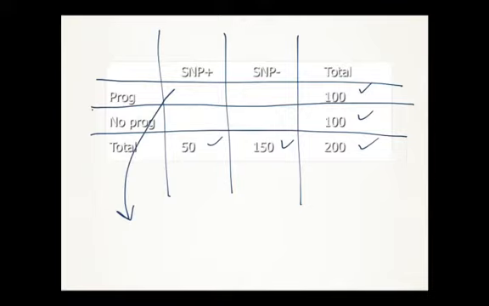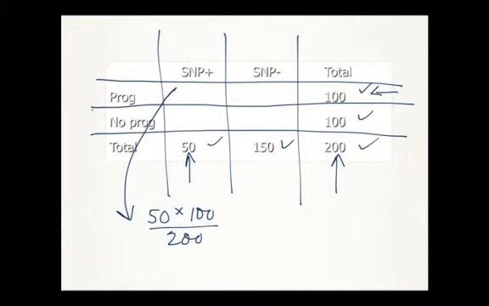If there was no relationship between the SNP and whether you progress or not, then the number that we would expect to see inside this cell would be 50, which I've gotten from here, times 100, which I got from here, divided by 200, which is the total sample size.